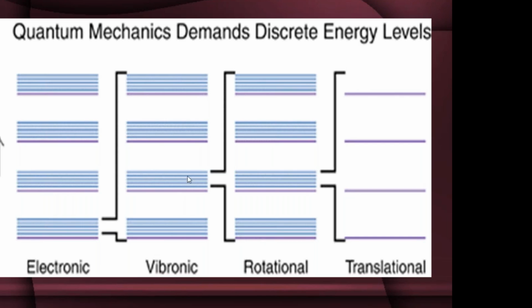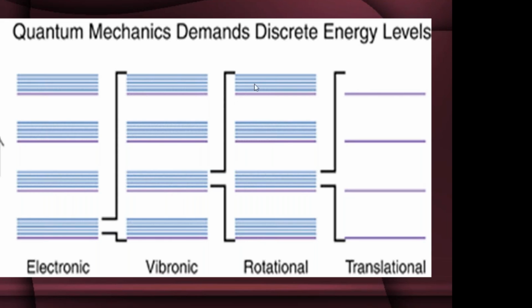So these first lines represent the vibrational levels in an electronic state. Each of these lines represents rotational levels in that vibrational energy state. So each vibrational energy state has a number of rotational levels.